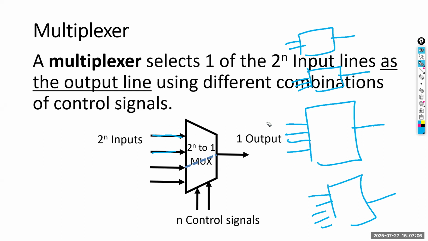So 4 to 1 means you get 4 signals and one of the signals is your output signal. So you ignore the other signals. At a time, only one input is in the output. Other signals, we don't care. We ignore. So say right now, this is your output. Maybe later, this is the output. So this is 0, 0, 1, 1. This is 1. This is just a signal, right? Incoming signal.